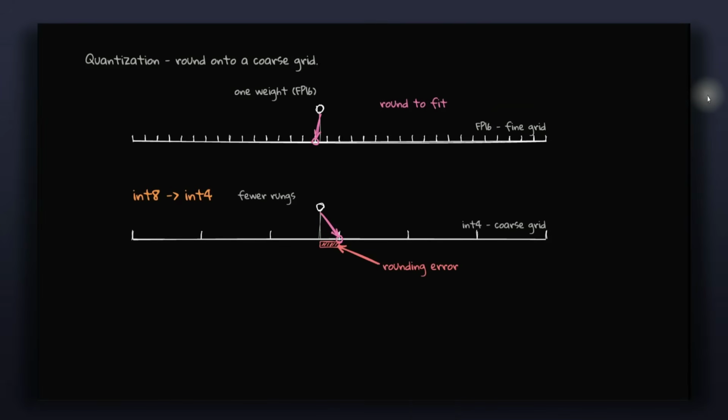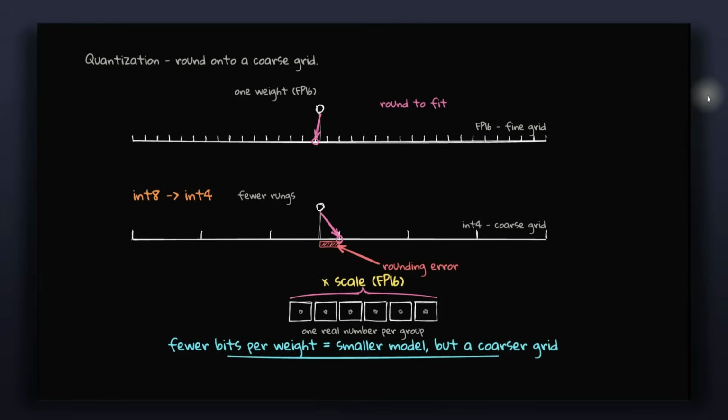So people quantize it down to 8-bit or 4-bit. That gives you coarser grids with rounding errors, but the result is that you need fewer bits to store the weights of the model. And this is what enables a lot of companies to create smaller versions of the model, but they lose precision.